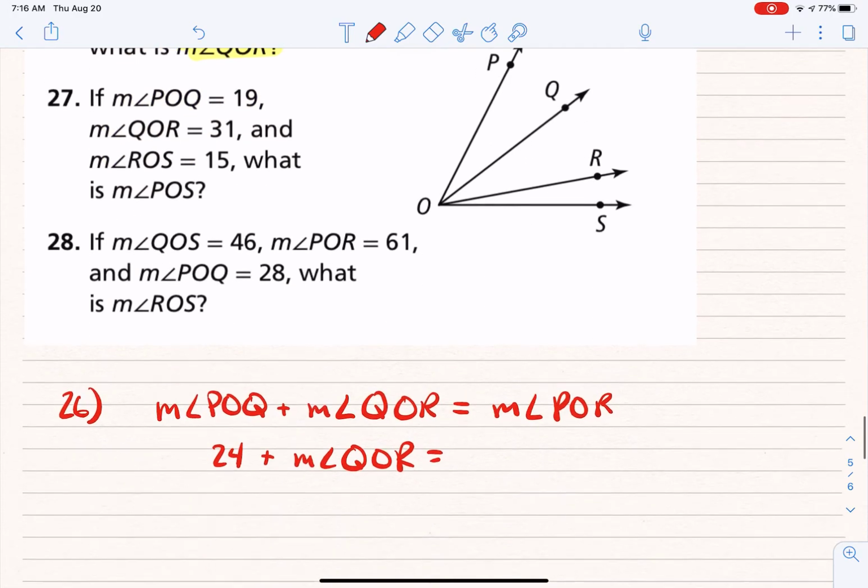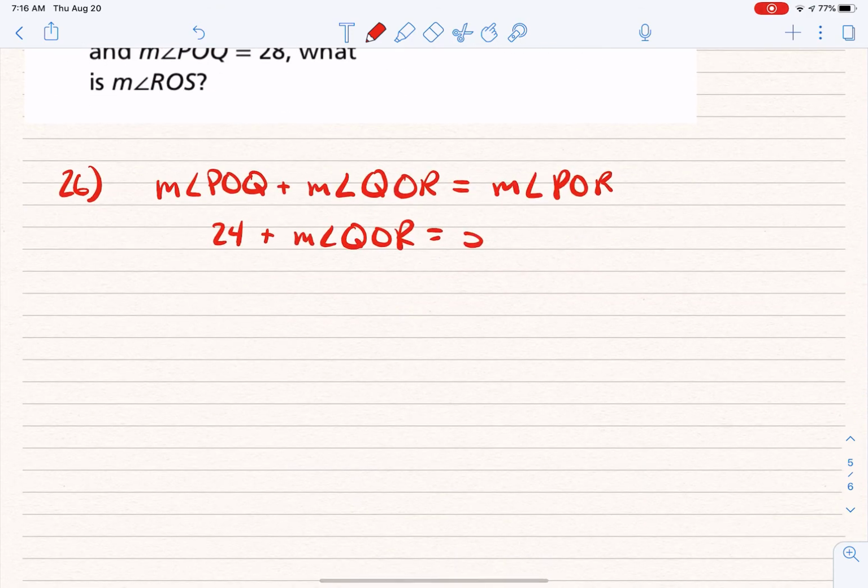And POR was 59 degrees. All right, easy to solve this. Subtract 24 from both sides, and sure enough, the measure of angle QOR is 59 minus 24, which is going to give us 35 degrees. Super simple problem, but I need to know that you know what's going on.